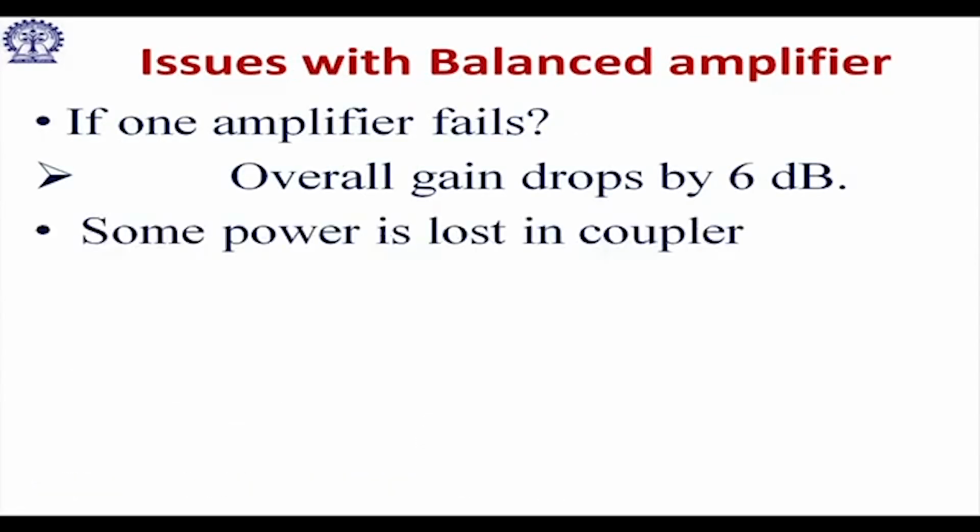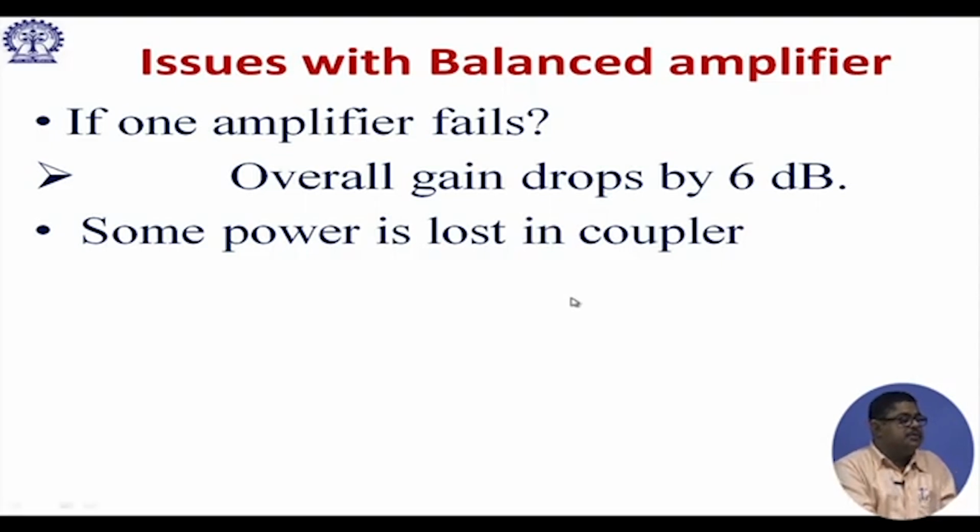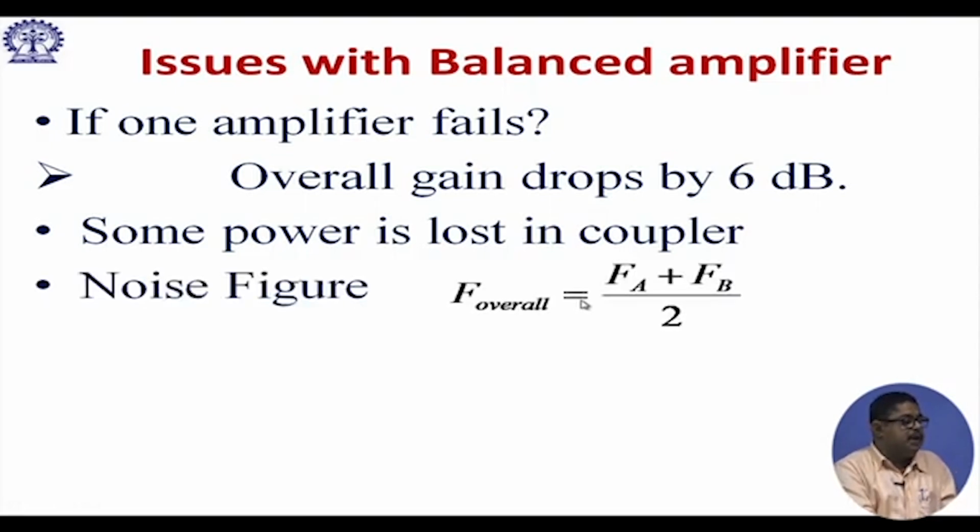Overall gain drops by 6 dB. Some power also we are losing in couplers, because we are putting passive devices. We know coupler has some loss. So, some power is lost in coupler.